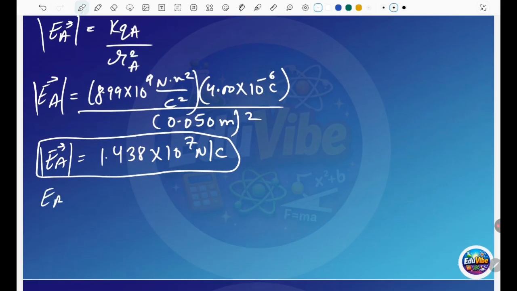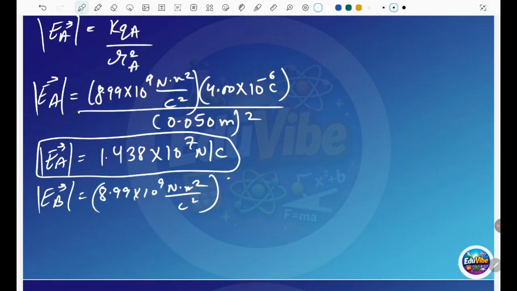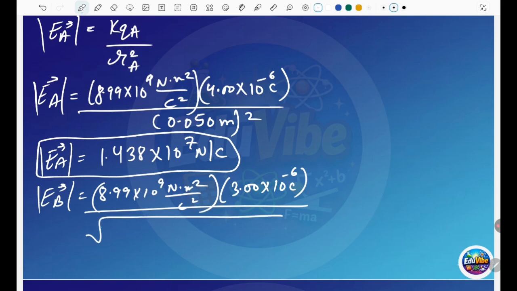So EB is equal to 8.99 into 10 raised to power 9, the same formula we use, and your Q, which is 3.0 into 10 raised to power minus 6 coulombs, divided by your R squared, which is 0.050 meters squared plus 0.050 meters squared.